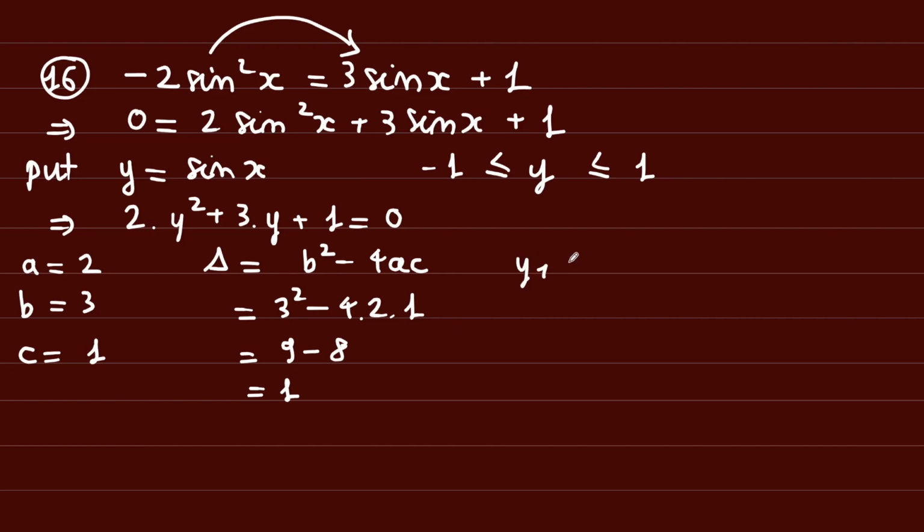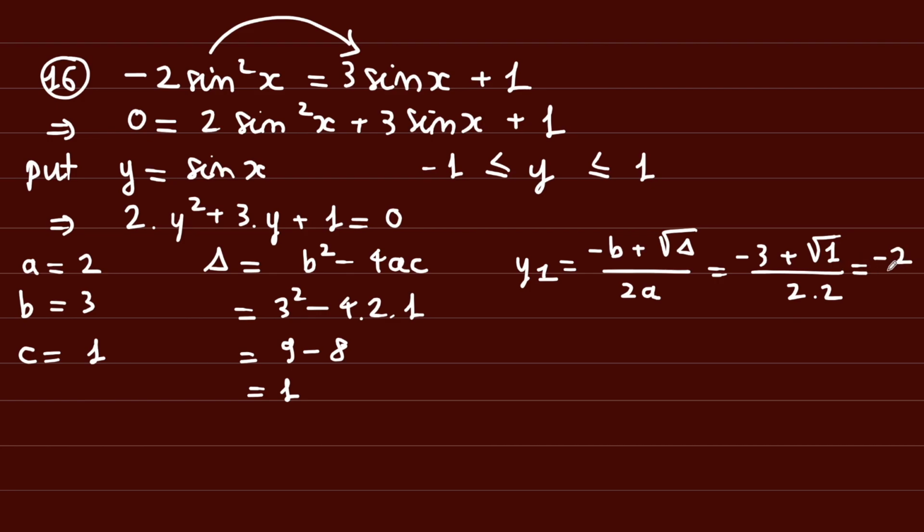So figure out the value for y1. You get minus b plus square root of discriminant divided by 2a. Minus b means minus 3 plus square root of 1, divided by 2 times 2. So for this you get minus 2 over 4 equal to minus 1 over 2. That is the value for y1.